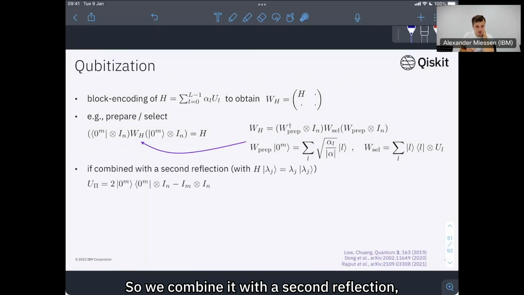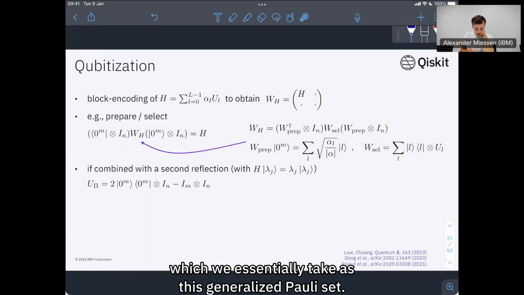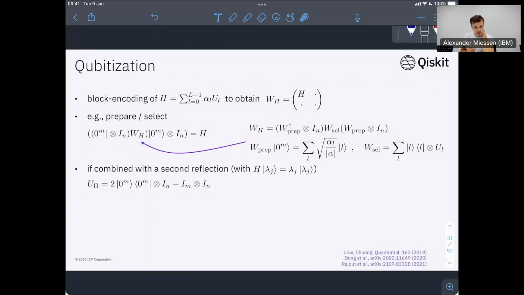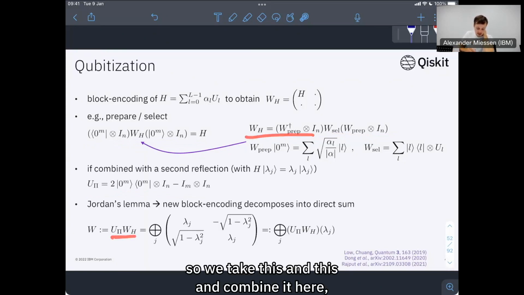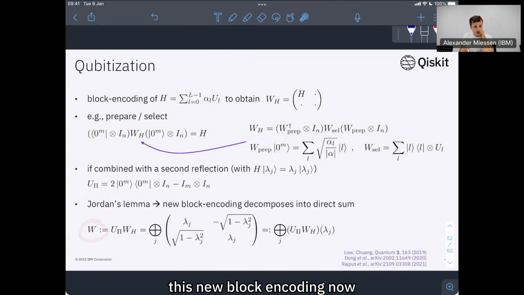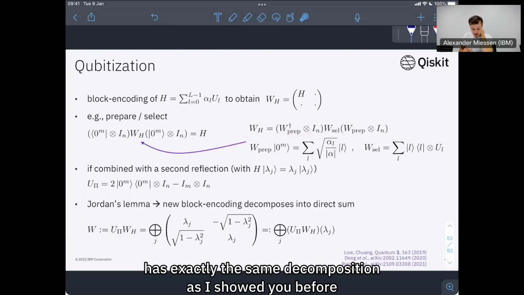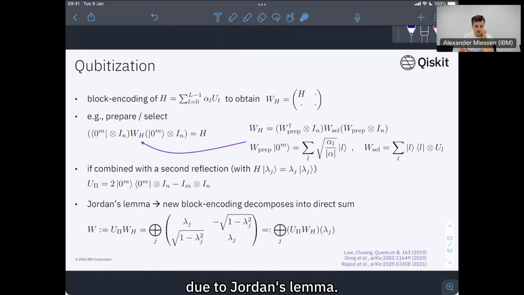So we combine it with a second reflection, which we essentially take as this generalized Pauli Z. And if we combine these two, this new block encoding now has exactly the same decomposition as I showed you before due to Jordan's lemma.